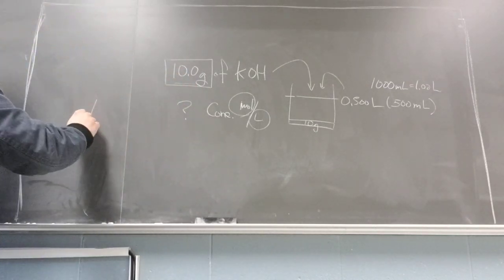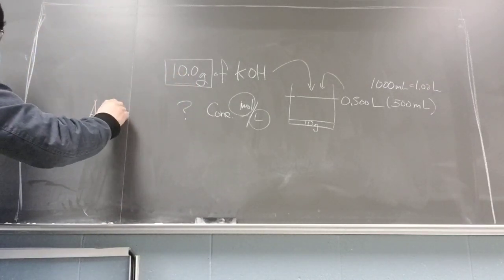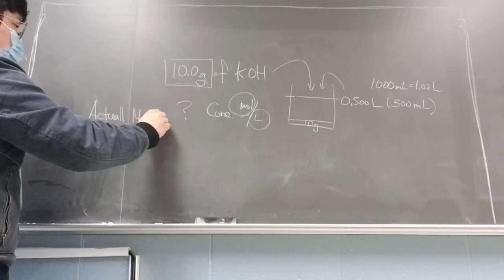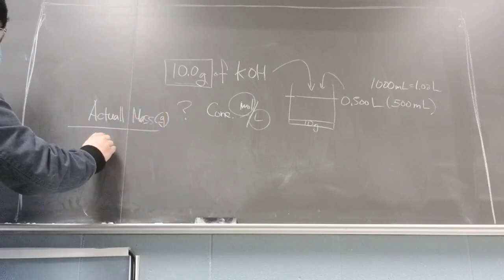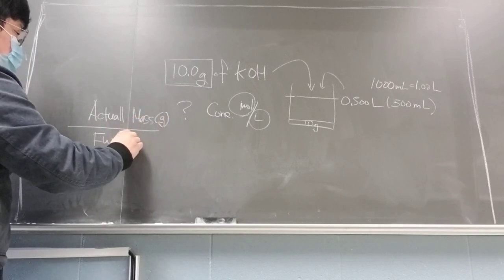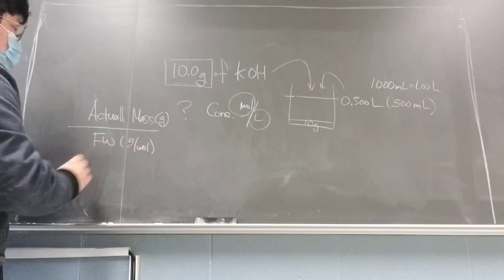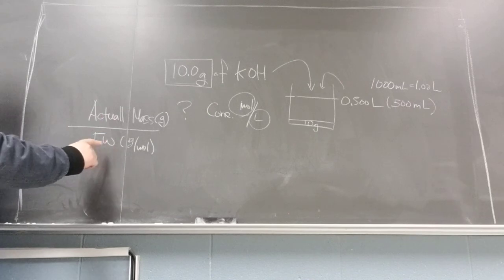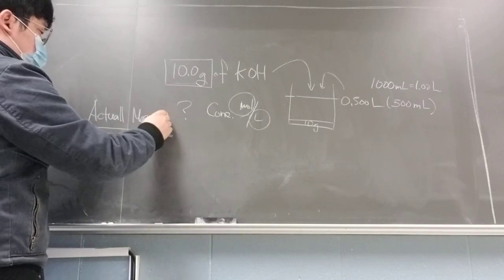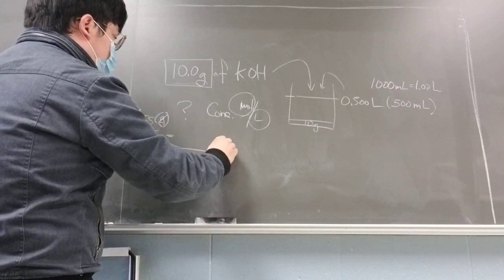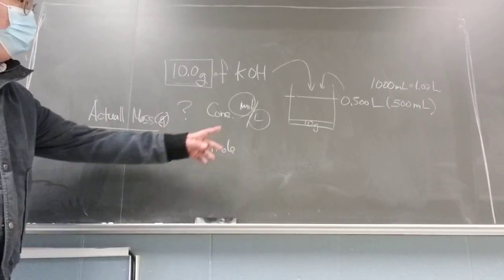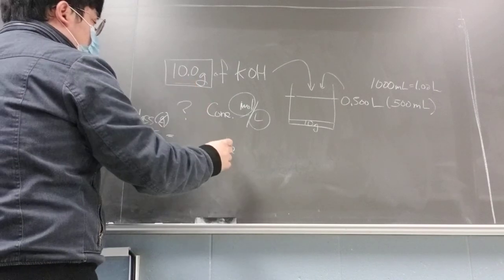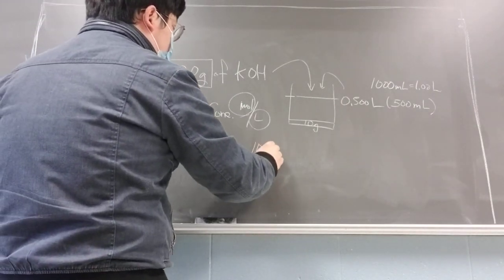If you have an actual mass in grams, you can divide it by the formula weight or molecular weight. That gives the number in moles. In that way, we can find out how many moles you have per unit volume in the next step. So let's do this, which is 10 grams.